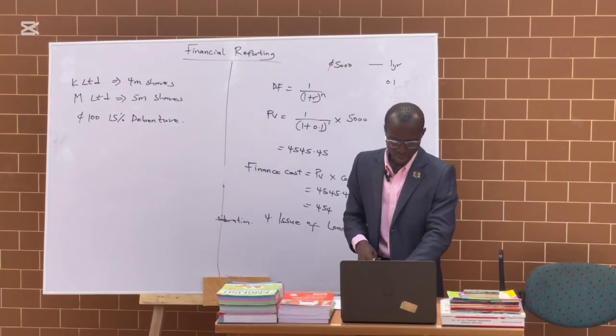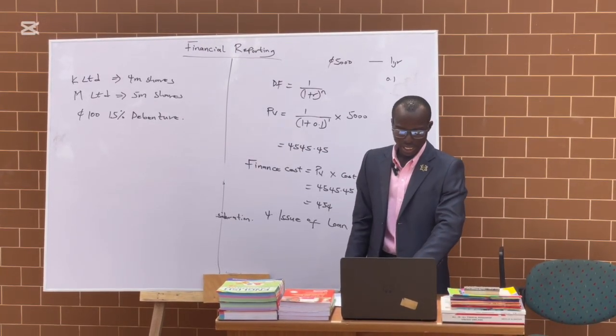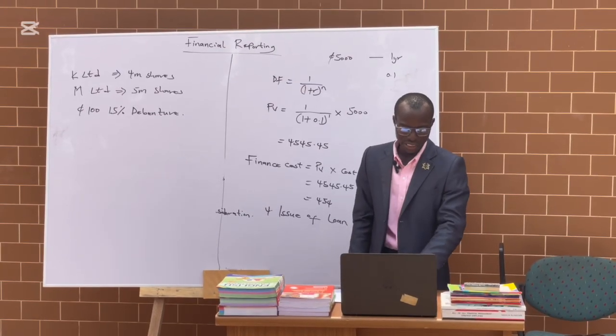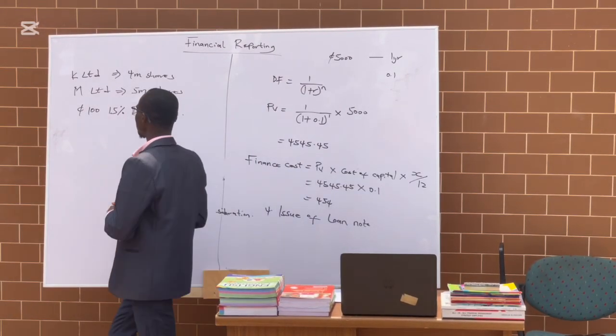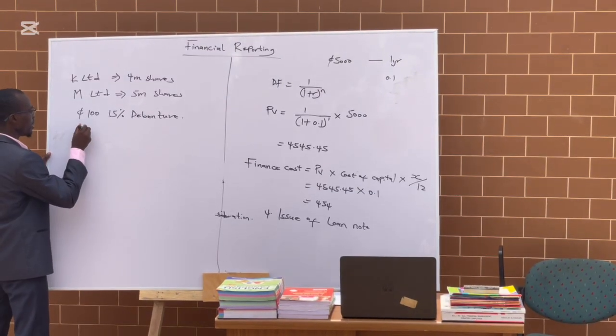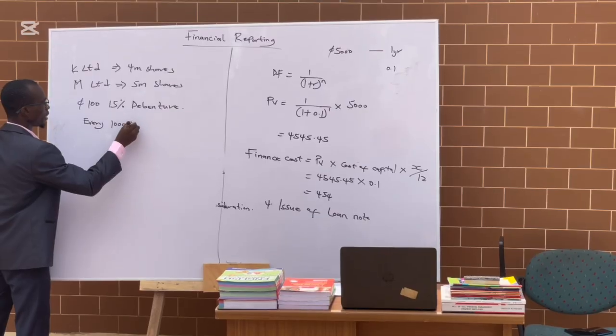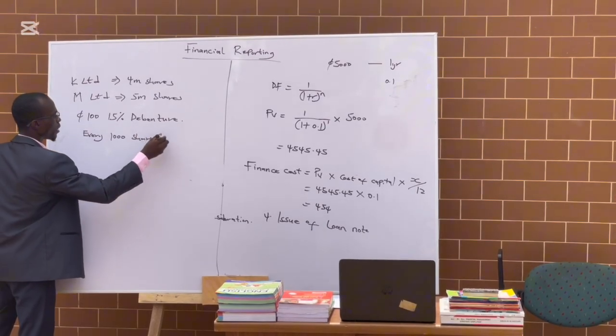The acquisition was financed by an issue of 100 Ghana cedis, 15% debentures for every 1,000 shares acquired. Since we are in Ghana, let me use cedis. So the acquisition was financed by 100 cedis, 15% debenture, for every 1,000 shares acquired.